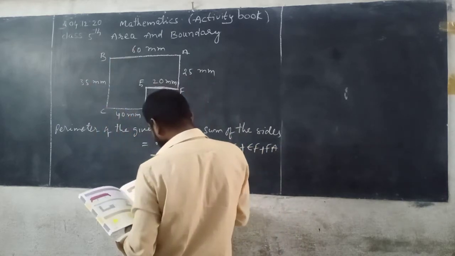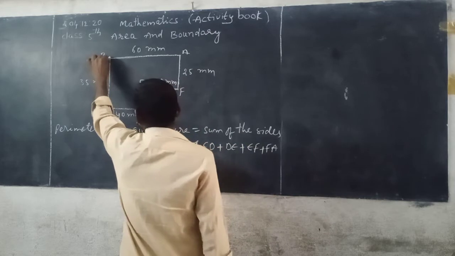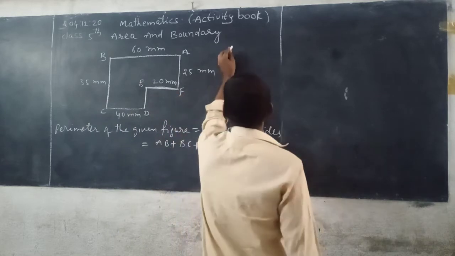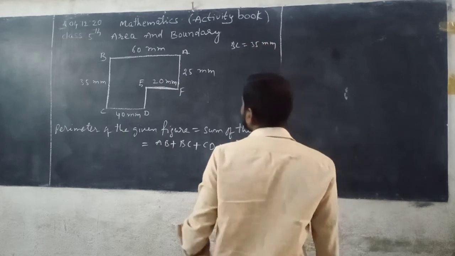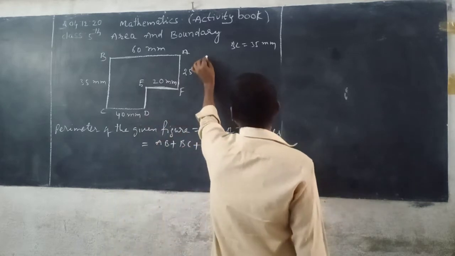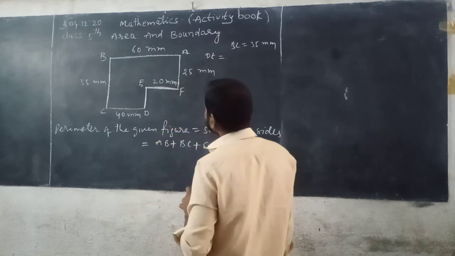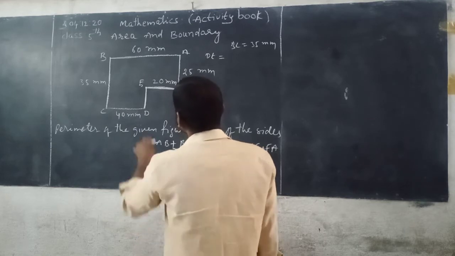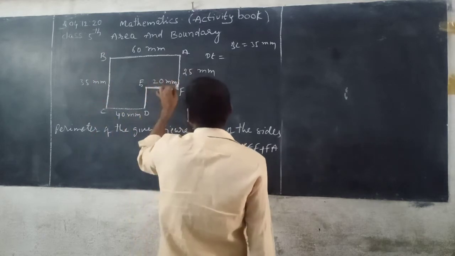So DE is not given, beta, once again. DE is not given, but BC is 35 millimeter. Then you can find DE. See here, BC is parallel to AF.